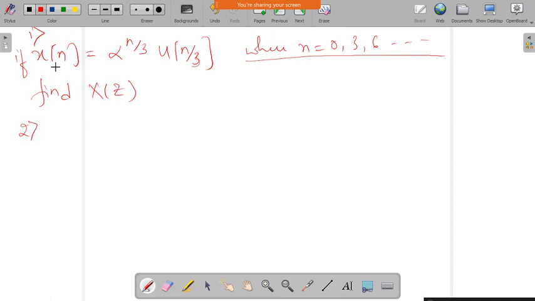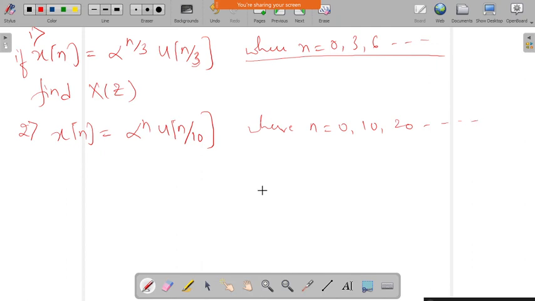Try to find it out. Which property will we use? You should use time expansion. So the second one, we can take x of n equal to alpha power n into u of n by 10, again where n equals 0, 10, 20, like that.